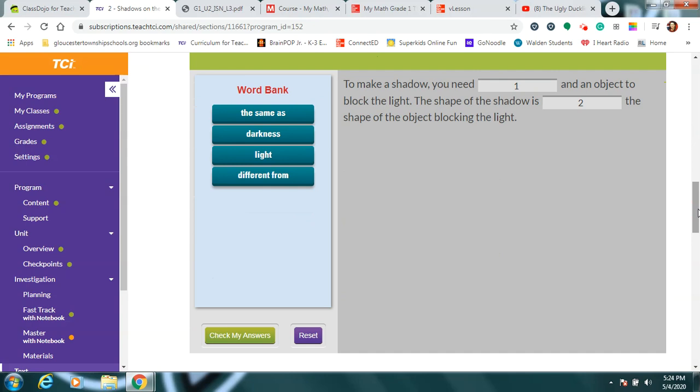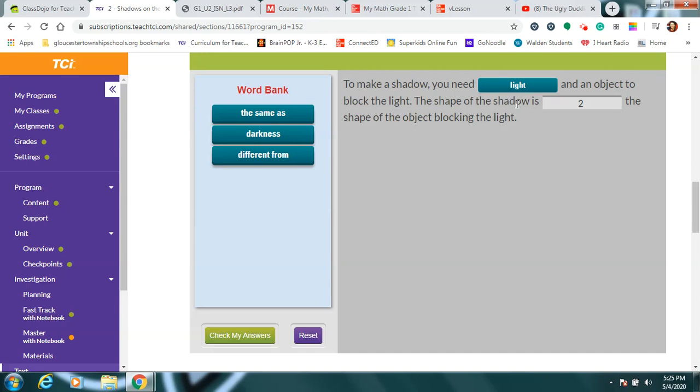So let's review some ideas from our lesson. To make a shadow, you need what? Yeah, you need light. You can't make a shadow if you don't have any light. And you need an object to block the light. The shape of the shadow is the same as, darkness, or different from.